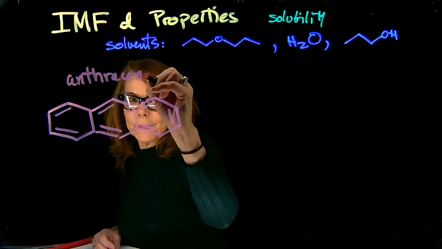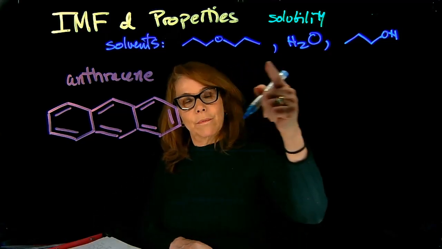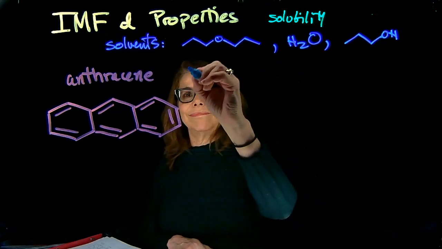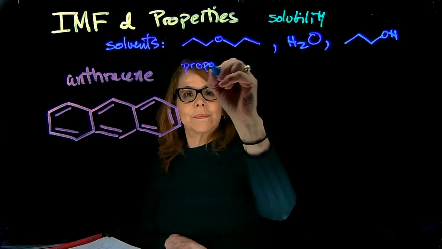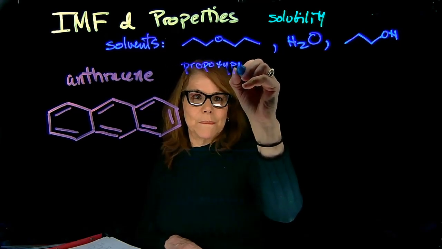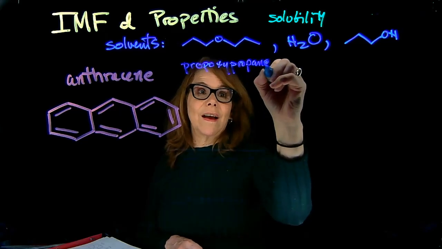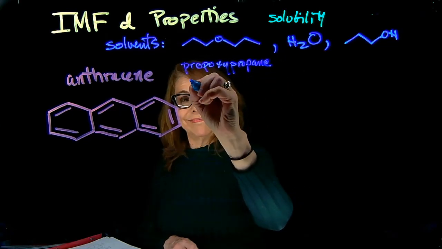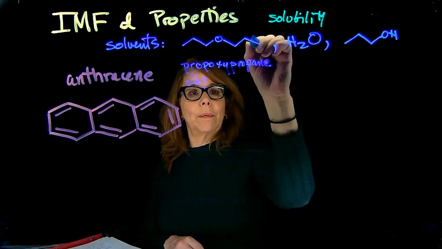Anthracene. And the solvents are, here you can say, propoxypropane, one name. That's one way of naming an ether, but you can also say dipropyl ether. So two propyl groups.